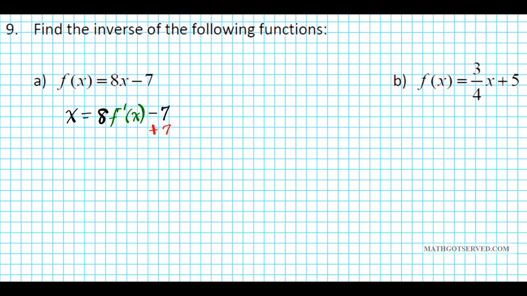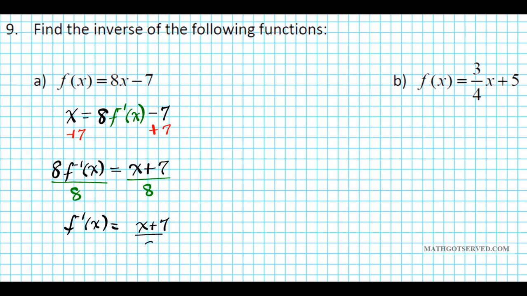We'll add 7 to both sides. That yields 8 times the inverse of x equals x plus 7. Now we're going to divide both sides by 8. And that leaves us with f inverse of x equals x plus 7 over 8. And there goes your inverse.